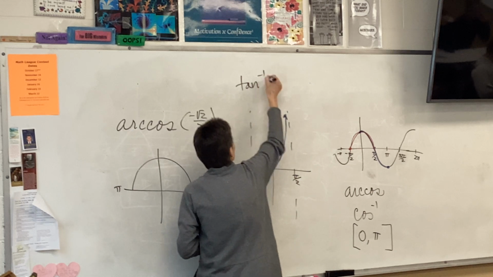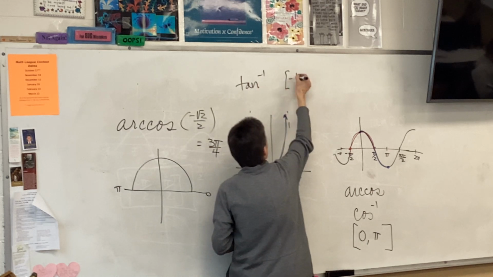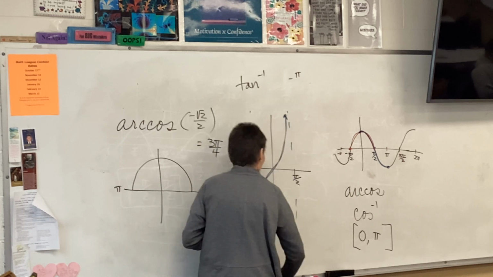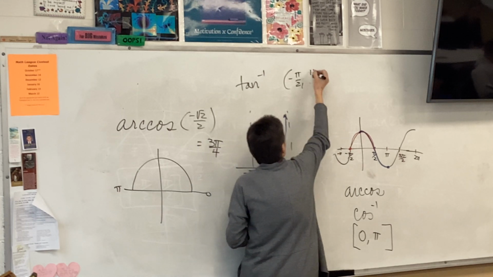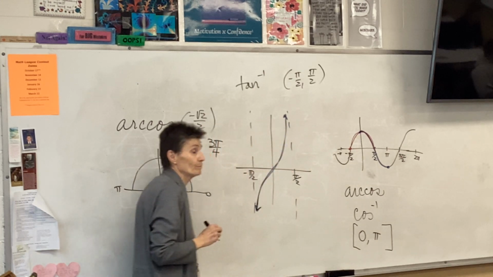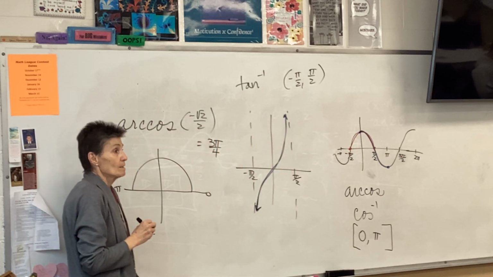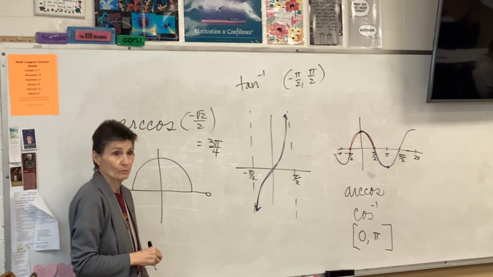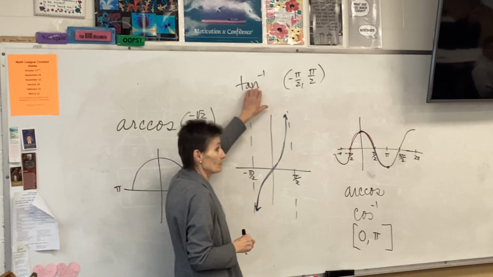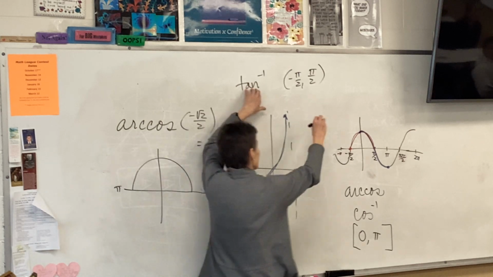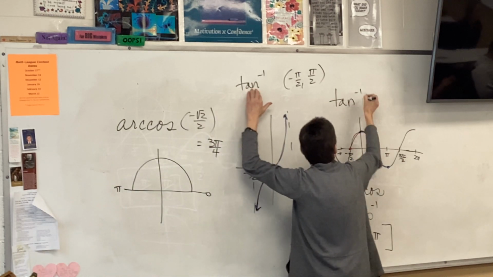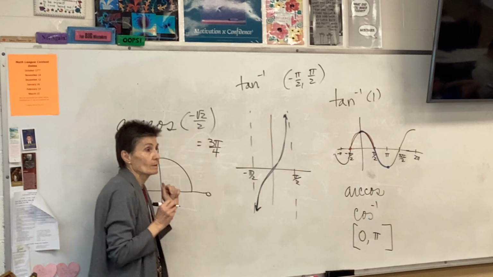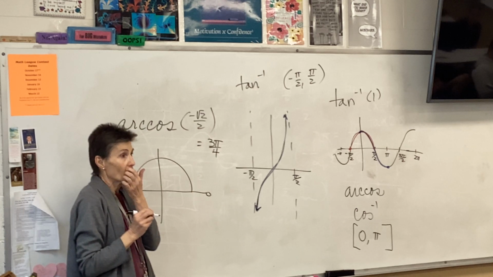Inverse tangent has principal values, well actually I can't include the endpoints for the tangent, from negative pi over 2 to pi over 2. So any inverse tangent problem you do, using that notation, so if it says, find the angle whose tangent is 1. Well, how many of those are there?